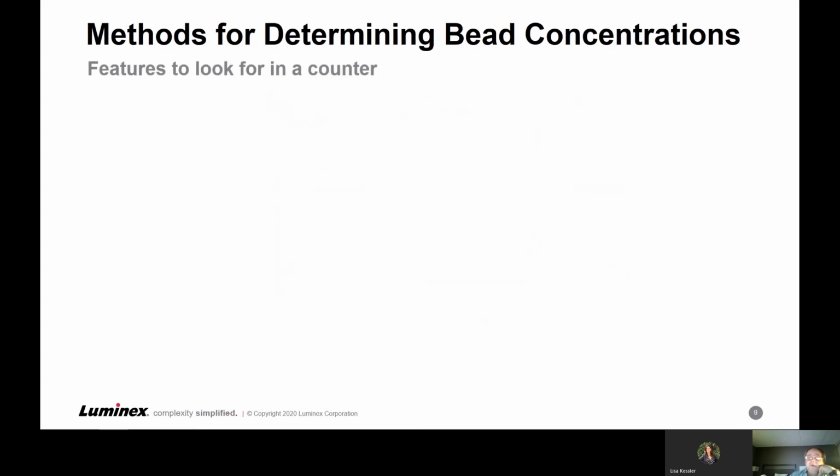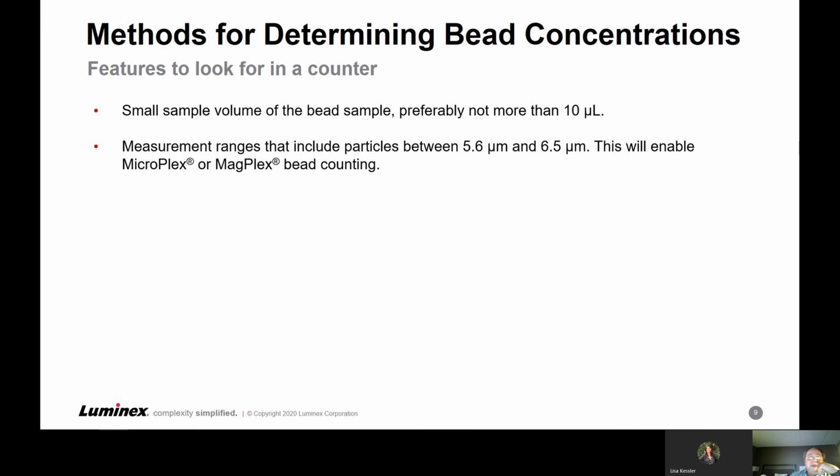So features you want to look for in a cell counter, if you're going to choose one of these, include the following. First of all, you want to make sure that the counter requires a small sample volume of your bead preparation, preferably a volume of not more than 10 microliters. You also want to make sure that it can measure particles in the size range of 5.6 to 6.5 microns.